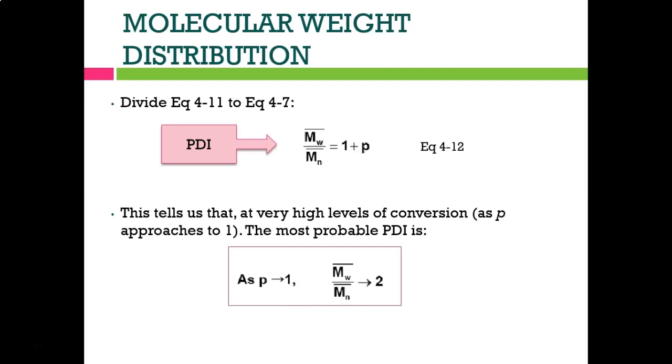I think this equation is quite confusing. PDI is given by Mw over Mn, which equals 1 plus P. This tells us that at a very high level of conversion, as P approaches 1, the most probable PDI, Mw over Mn, approaches 2.